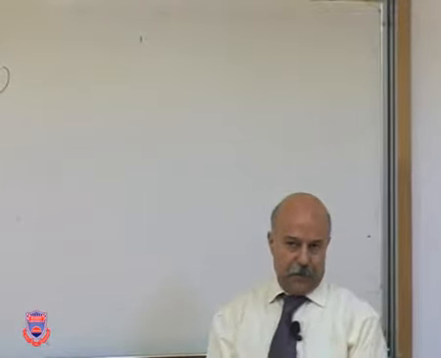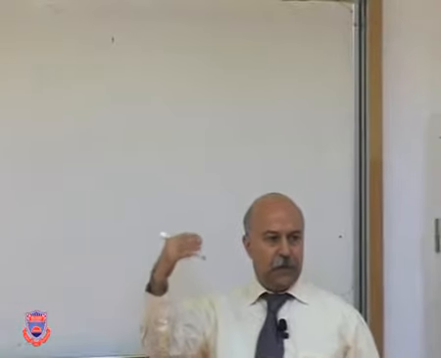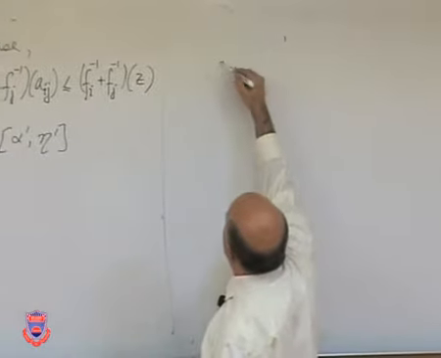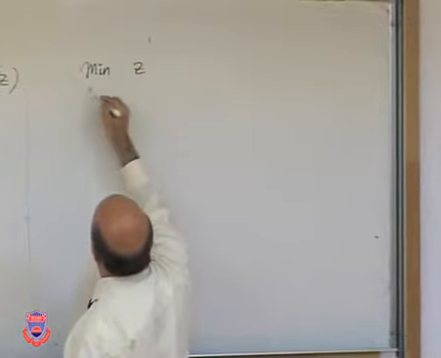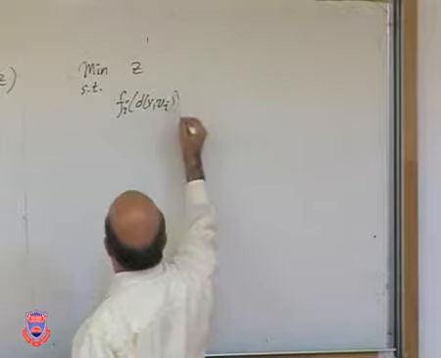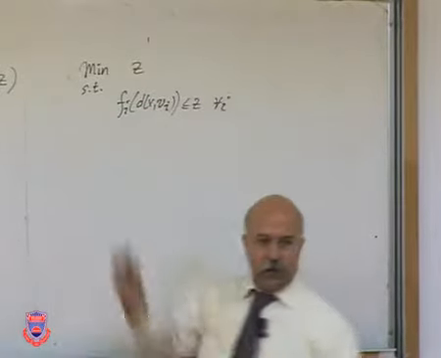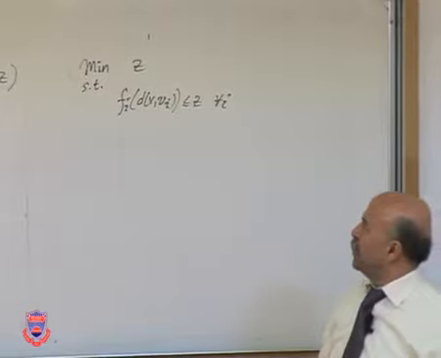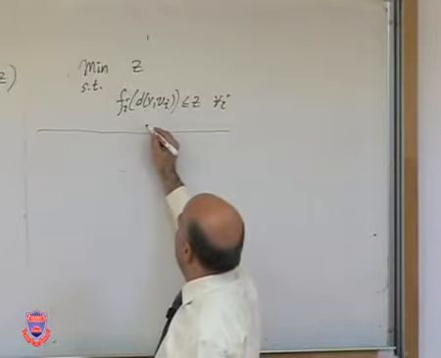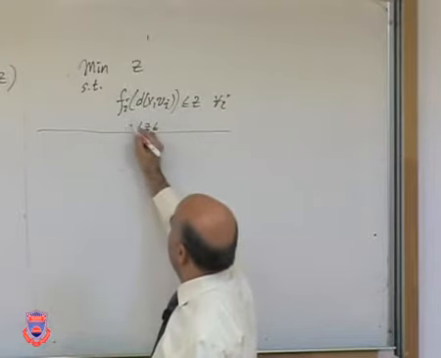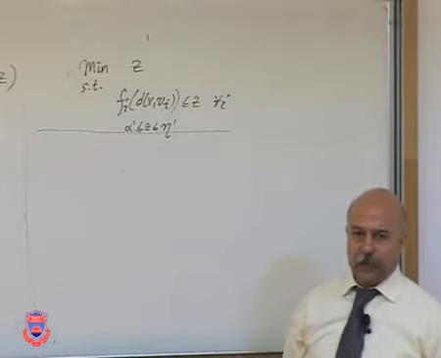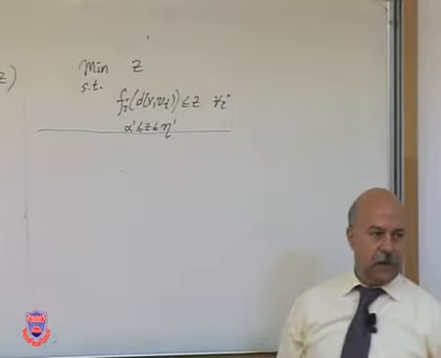What we had was, remember, we're trying to minimize Z subject to f_i of the distance. Well, maybe I should just refresh your memory here. This is what we've been looking at. That's what you're trying to solve, if you recall. And we actually restricted Z to alpha prime, eta prime by pre-processing some of the data, by cleaning up the data.